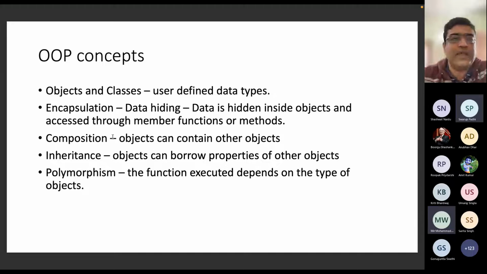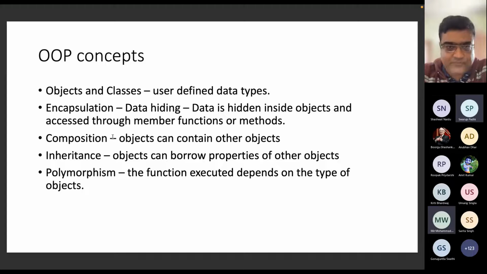Now, here I am just mentioning some of the object-oriented programming concepts. Don't worry if you don't understand all of these concepts right now. That is not the intention here, but you should remember these concepts, and as and when you see those features, you can connect back to these concepts: how they are provided, how they are implemented, and how you can take advantage of them to design your software.